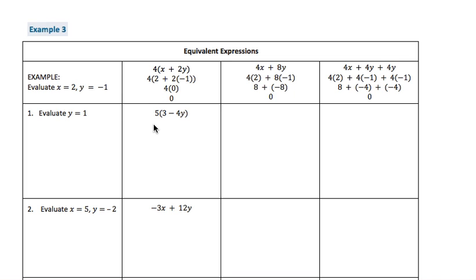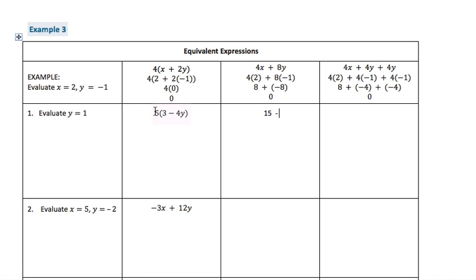So if we look at number 1, we have an original expression of 5 times the quantity 3 minus 4y. So to write an equivalent expression, we can distribute, just like we did in the first example. And 5 times 3 would be 15. Then we will keep the minus sign or subtraction sign, whatever you want to call that, in between.